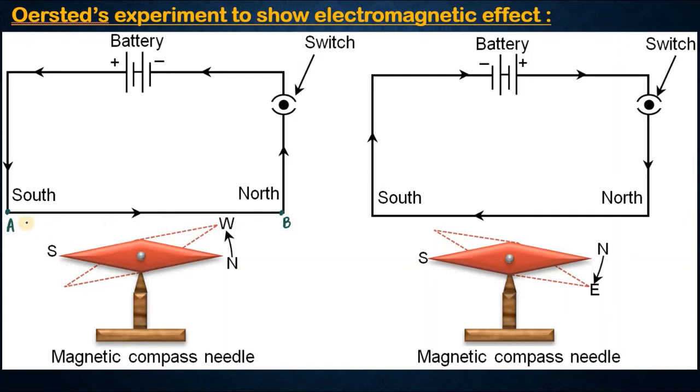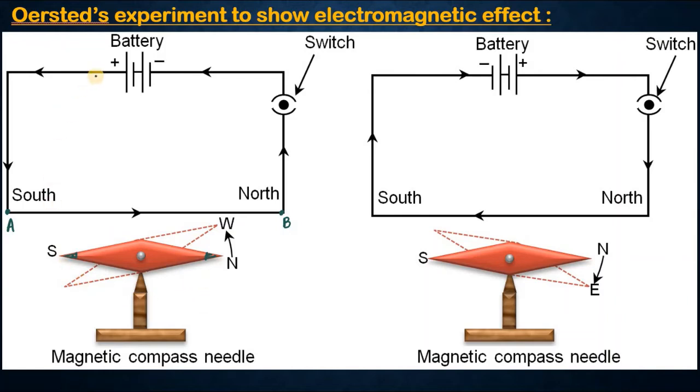Observe the poles here. The conductor is placed along the north-south direction, and the magnetic needle is also placed in the same way, such that the south pole of the magnetic needle is towards the south pole of the earth.